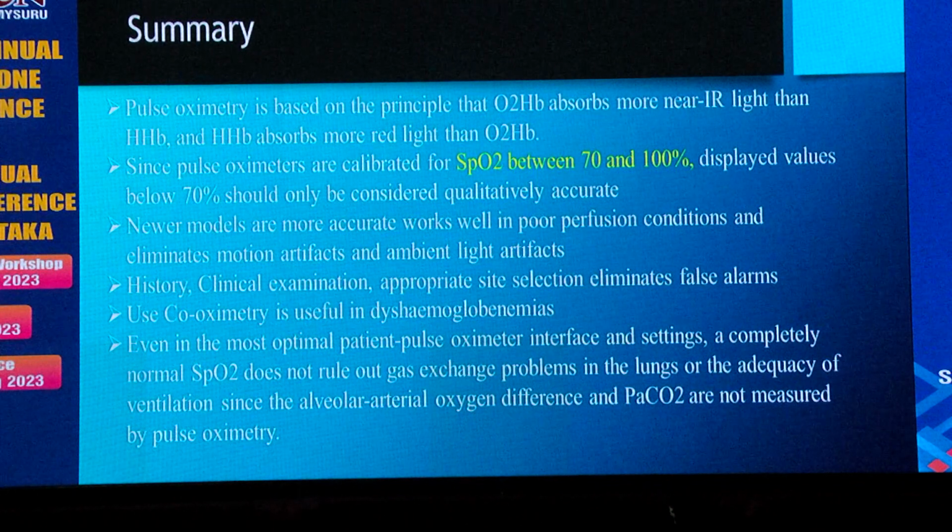History, clinical examination, and appropriate site selection eliminate false alarms. Use co-oximetry whenever required, for example with dyshemoglobins. Even in the most optimal patient, pulse oximetry interface and setting, a completely normal SpO2 does not indicate normal ventilation. Pulse oximetry indicates oxygenation. Thank you all.